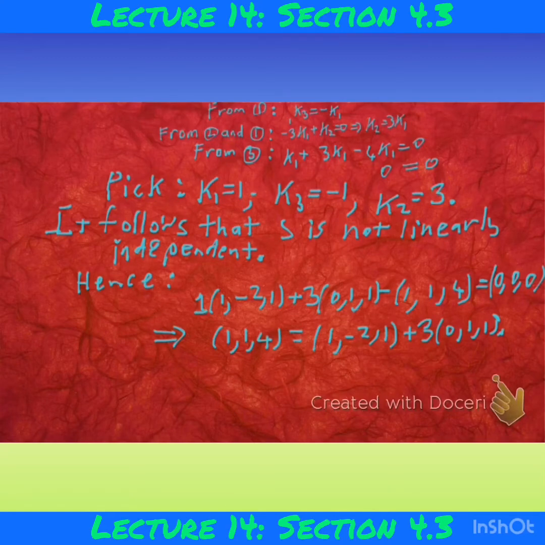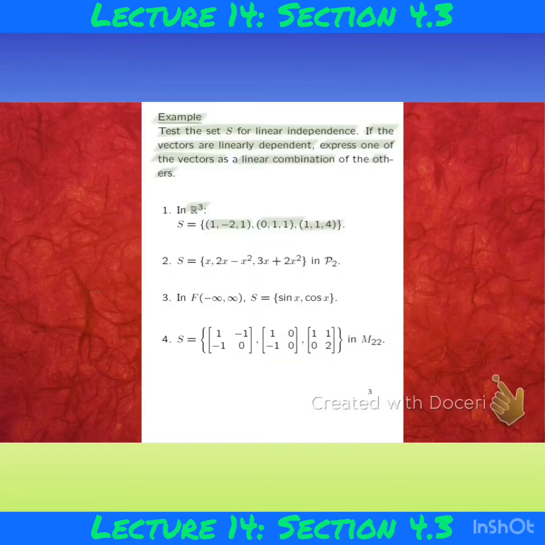They are linearly dependent. All right, the next question here is they ask us to show linear dependence or linear independence for that set S. Now, what is P2 again?